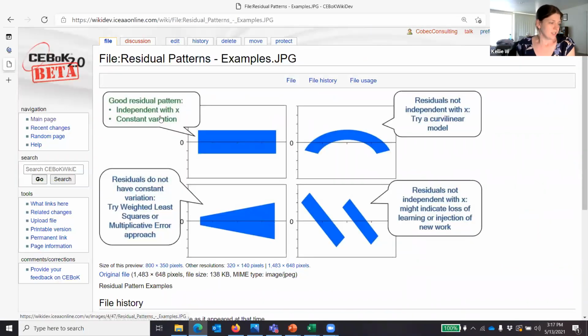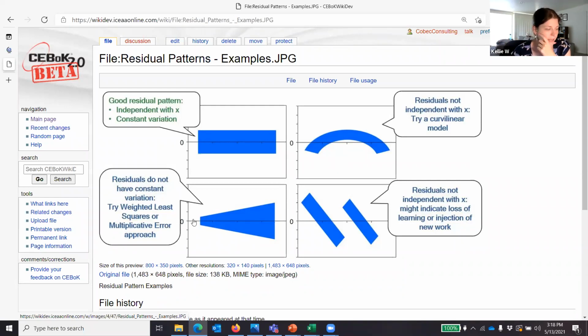This is a good residual pattern: constant variation, centered around 0. If they look like an arc, then a curvilinear model is probably better, like the quadratic or the exponential. If the residuals are non-constant, they will have the same fan shape as the original scatter plot of the data.